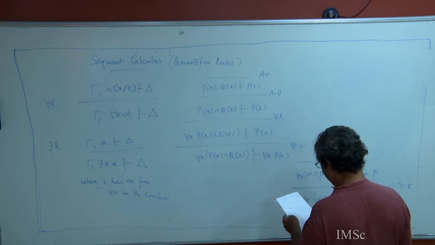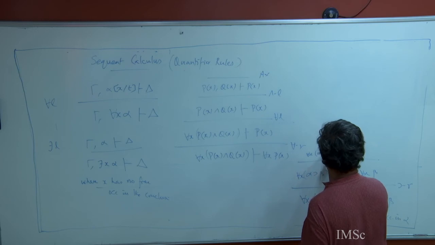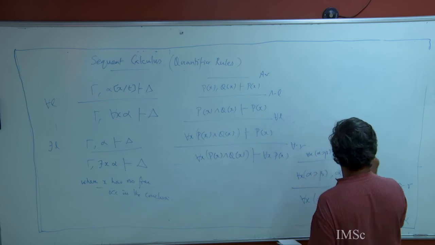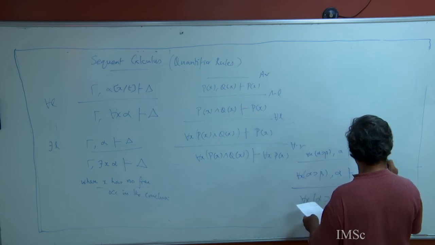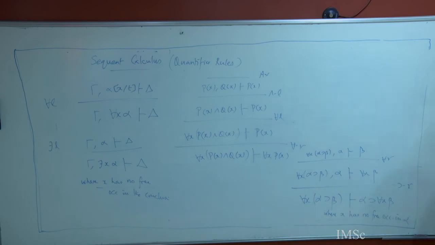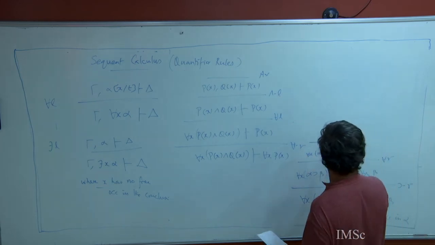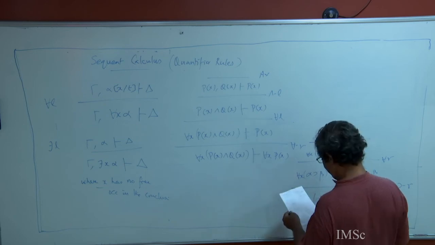So now this is fairly straightforward. From for all x (alpha implies beta) and alpha, I can get beta, for all right, and verify the condition. The condition is clear because x has no free occurrence in the conclusion. And now I can do beta.